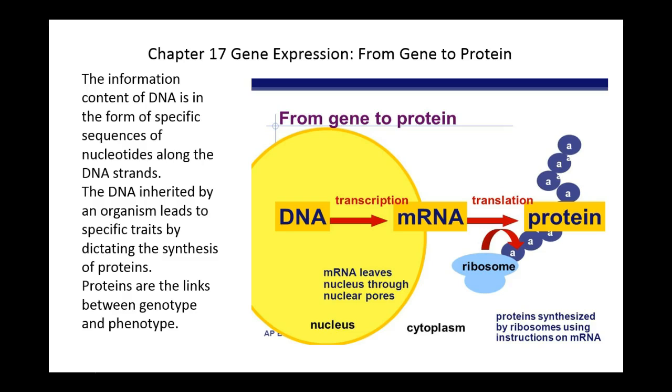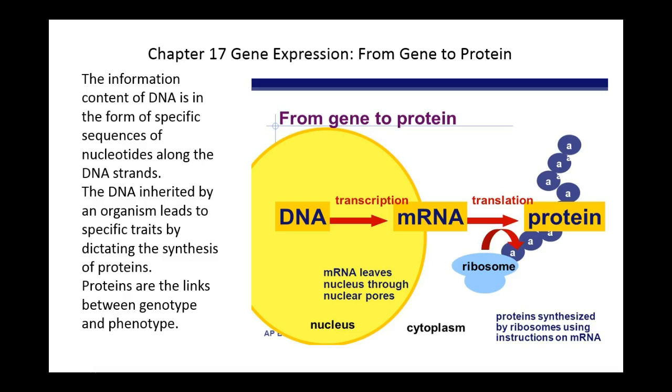It's a step-by-step process. This first image doesn't come from your textbook, but it's very simplistic, which is always good to start out simple. You have your DNA in your nucleus. That DNA will unwind and create a template. That template then will be matched up with messenger RNA.